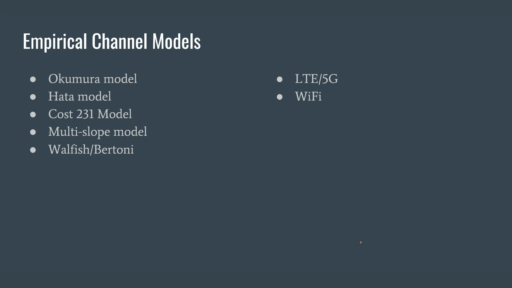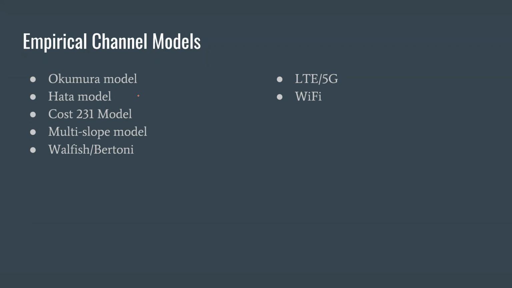So, for example, here, the Okumura and Hata model, where the Hata model is sort of the next model or the improvement of the Okumura model, are models created in Tokyo.